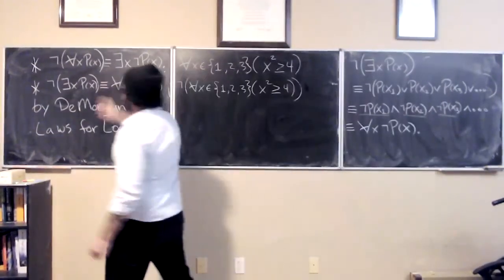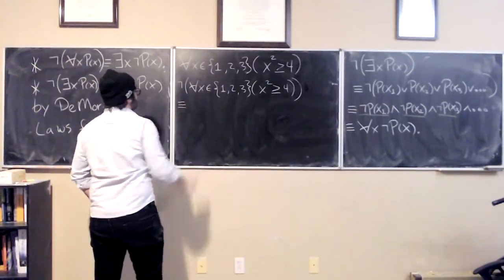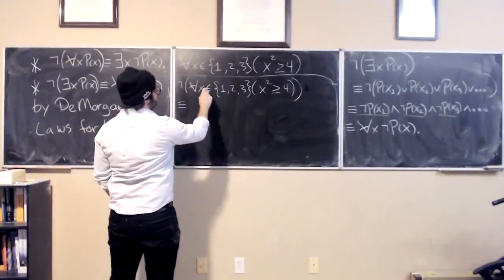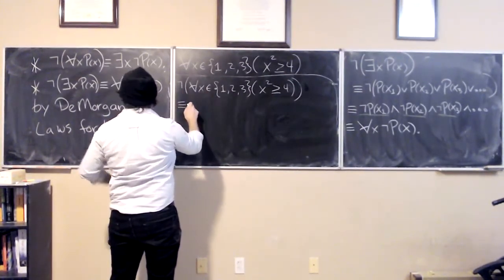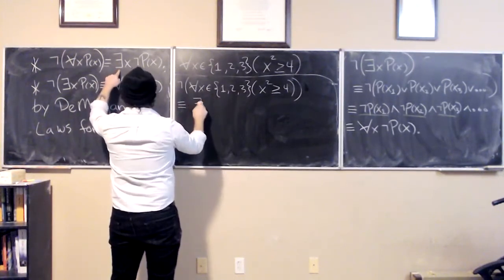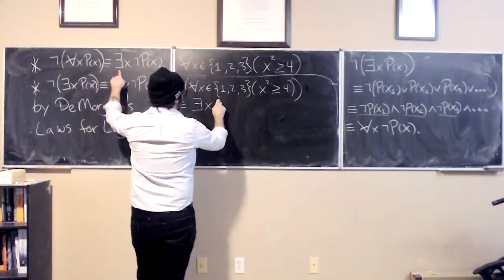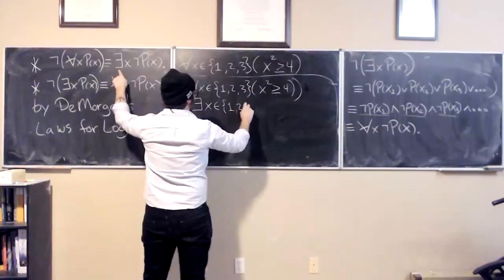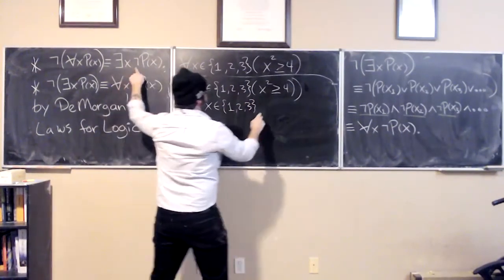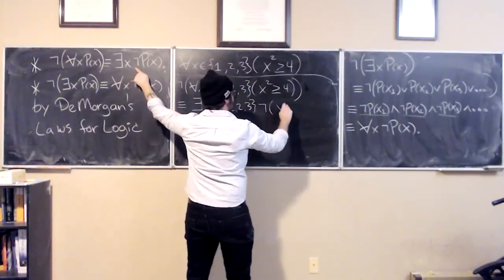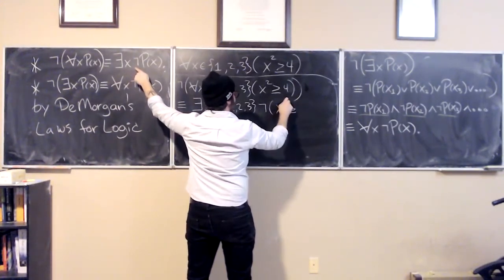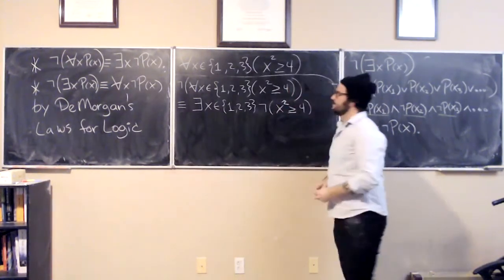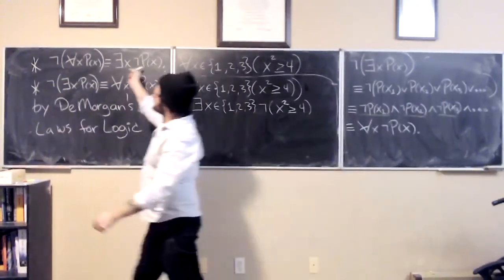Using this law up here, this statement is logically equivalent to the existential: there exists x in this domain such that not P of x, where P is the function. That's just by applying this rule.